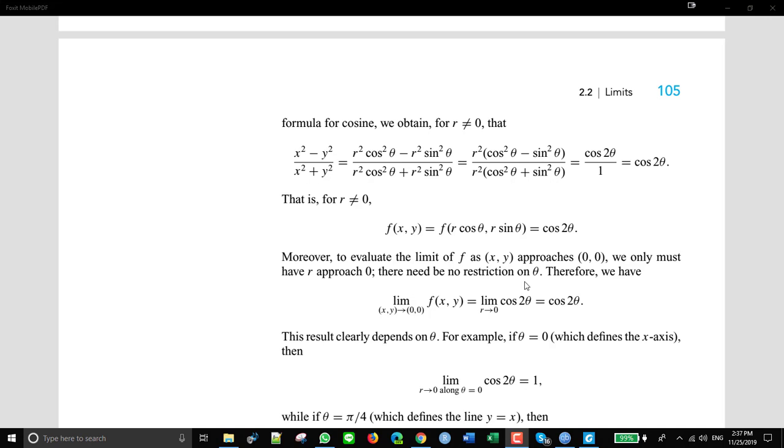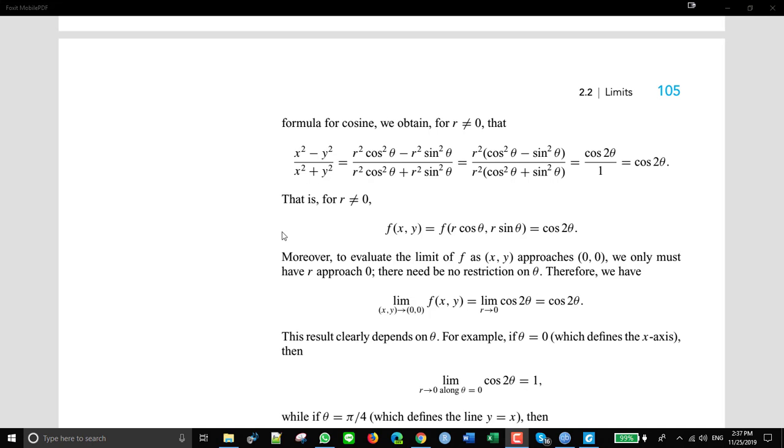And we're not going to put any restriction on theta, so it can be any angle and any possible path to the origin, as long as r is getting closer to 0, as long as the point is getting closer to the origin.